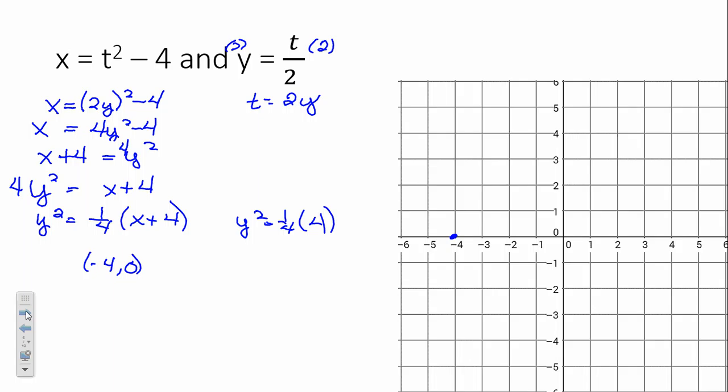So if y squared equals 1, what would y be? Right? So when x is 0, we're up here at 1, we're down here at -1. Okay? And there's our parabola.